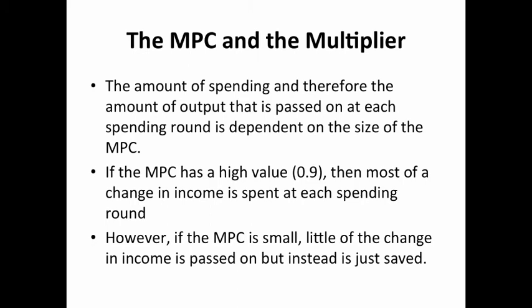Instead, it's just saved. So the eventual change in real GDP will be a smaller number if the MPC is smaller. So the general rule is, the bigger the MPC, the bigger the value of this multiplier, the more GDP will change given a change in spending.